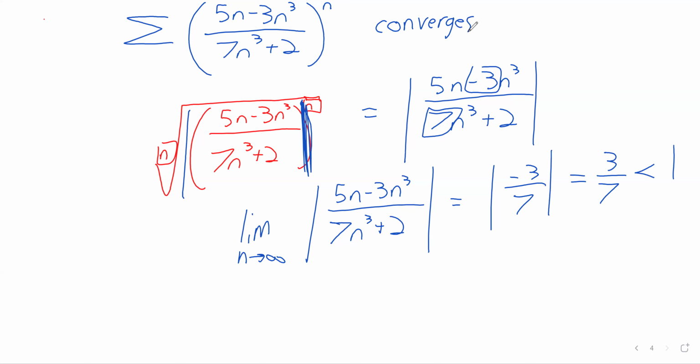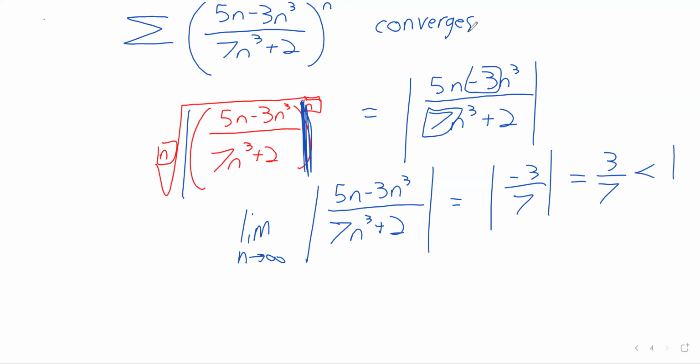And notice, we do need the absolute value here because this is getting negative as n gets big, and eventually, like the 40th root and the 42nd, these are going to stop being defined without that absolute value. So it is serving a purpose.